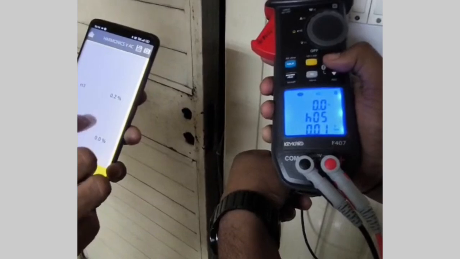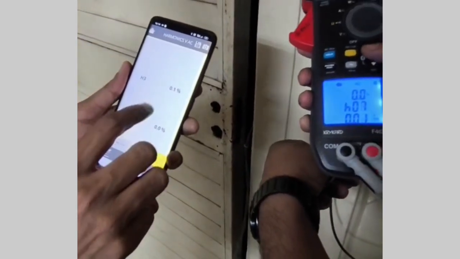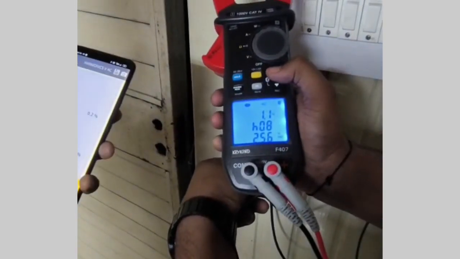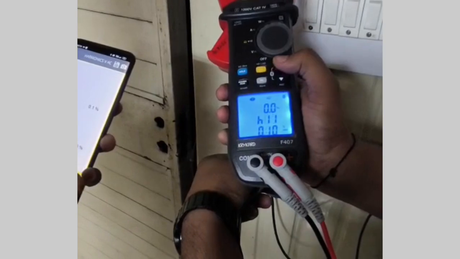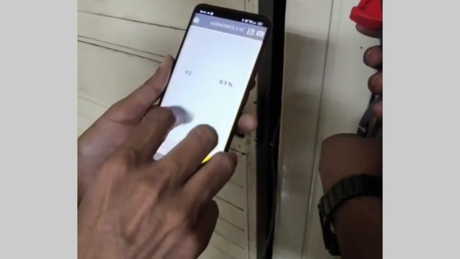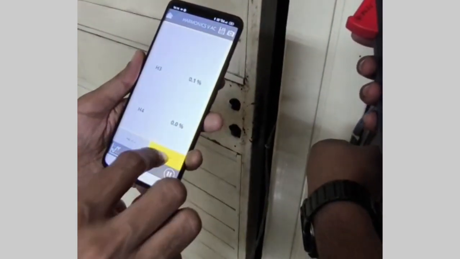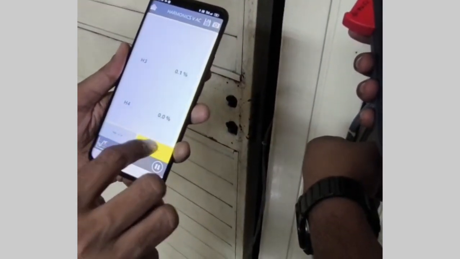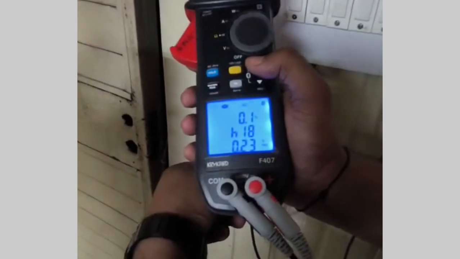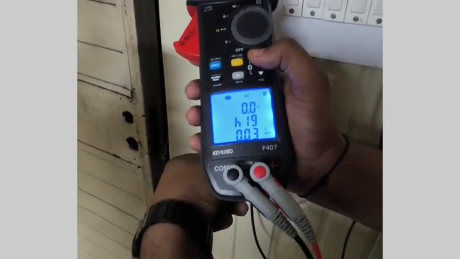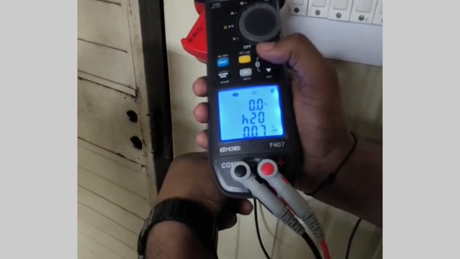Apart from voltage, we can measure current distortion, which is called total demand distortion. It can measure up to the 25th order, and it also gives THD, that is total harmonic distortion. At the same time the same data can be seen on the mobile application.